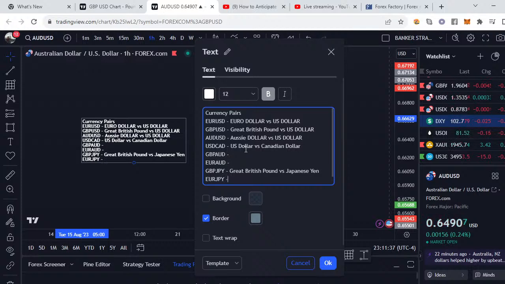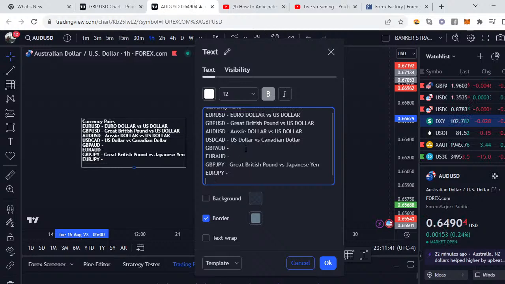You can take the Japanese yen, JPY. You have XAU USD. Now XAU is a metal, so XAU is gold versus the US dollar.